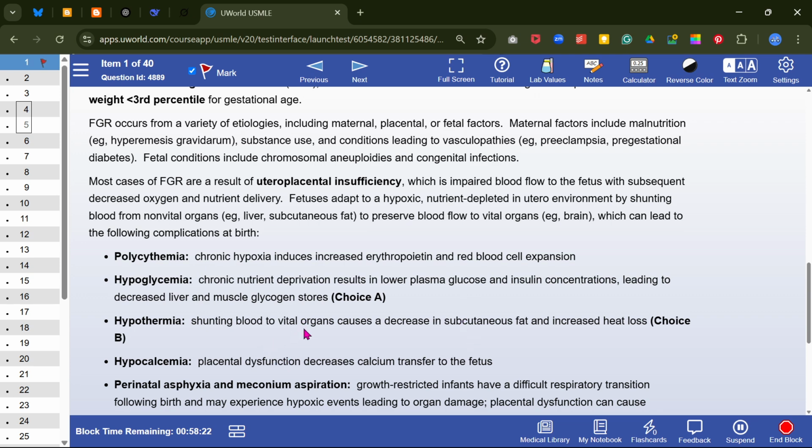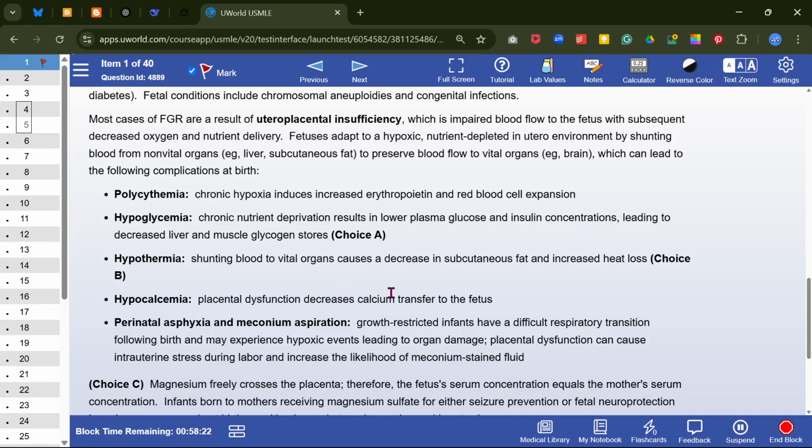Hypothermia: shunting blood to vital organs causes a decrease in subcutaneous fat and increased heat losses. Hypocalcemia: placental dysfunction decreases calcium transfer to the fetus. Perinatal asphyxia and meconium aspiration: growth restricted infants have a difficult respiratory transition following birth and may experience hypoxic events leading to organ damage.